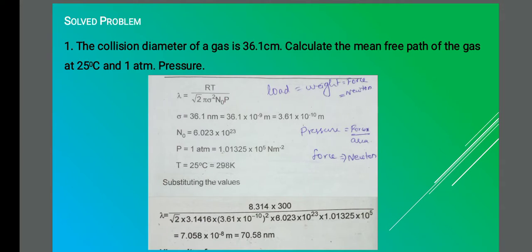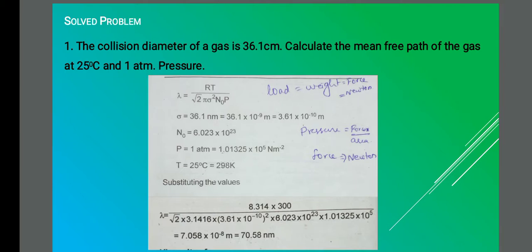Okay, so the problem is: the collision diameter of a gas is 36.1 nanometer, which we call sigma. Calculate the mean free path of the gas at 25 degrees centigrade and 1 atmospheric pressure.